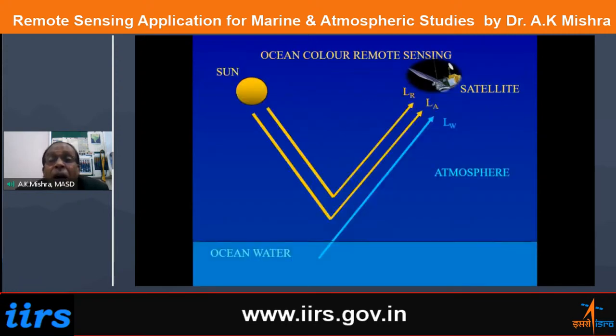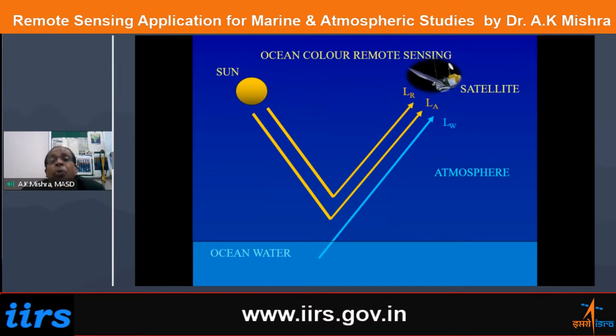Apart from LW, two more parameters reach the satellite sensor: LR and LA. LR represents the molecular scattering, and LA represents the aerosol scattering. All three reach the satellite sensor and constitute the total radiance received by the satellite.